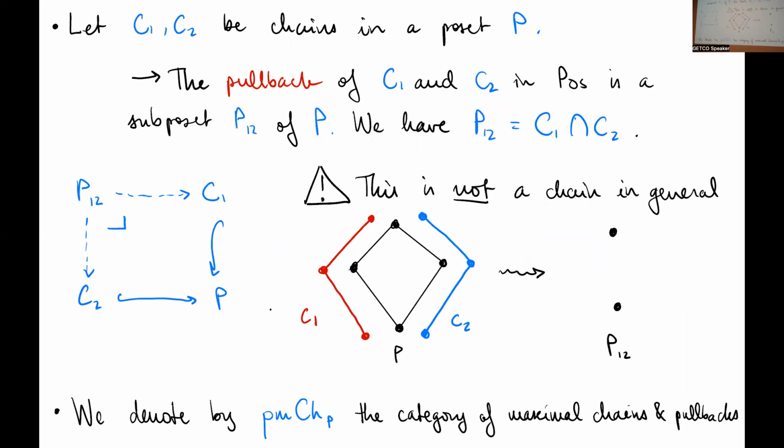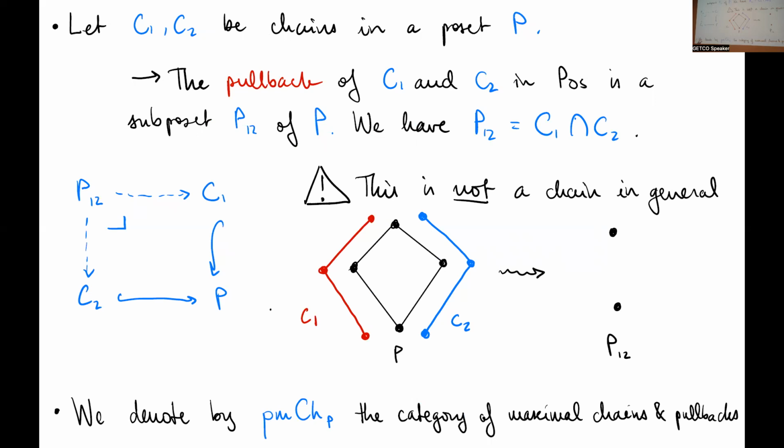However, we may want to reduce this information and not use all of the chains, so that we're a bit more intelligent about how we calculate. We could look at pullbacks, for example. If we take two chains, we can take their pullback. Basically, this corresponds to the induced subposet of the intersection of P1 and P2. But the problem is that the pullback is not a chain in general.